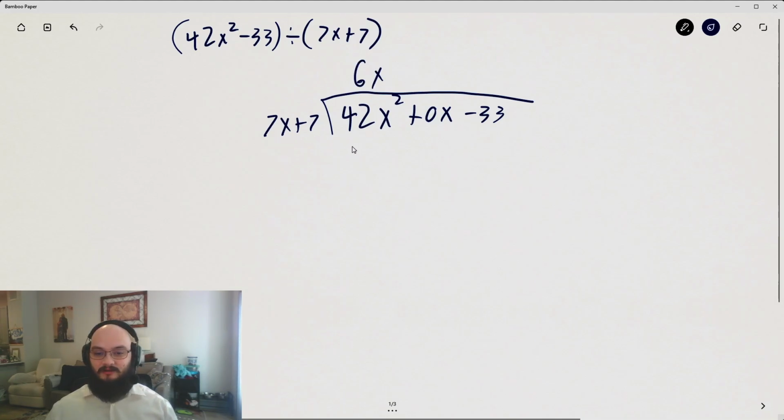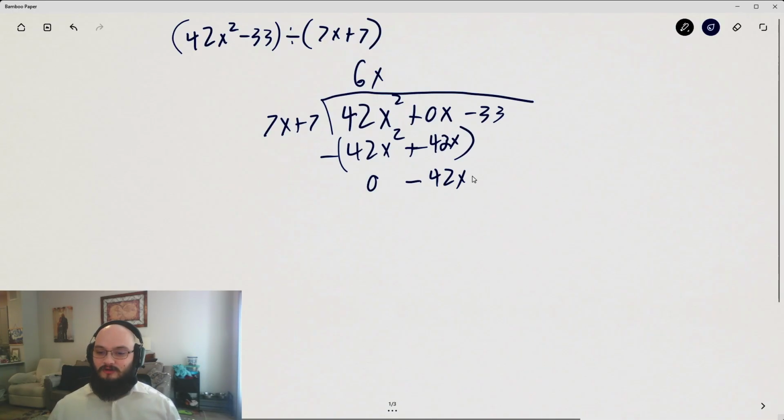Multiply 6x by all of this, we'll have 42x squared plus 42x. Do our subtraction, that will equal 0. 0x minus 42x will make negative 42x. Drop down our negative 33 over here.